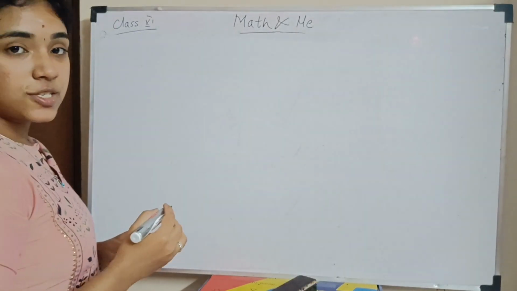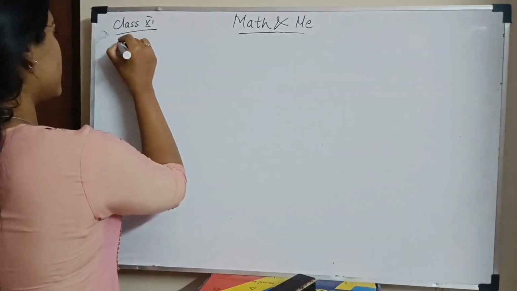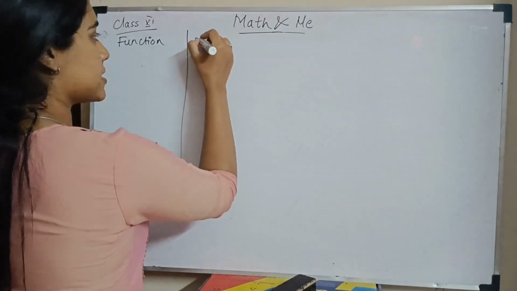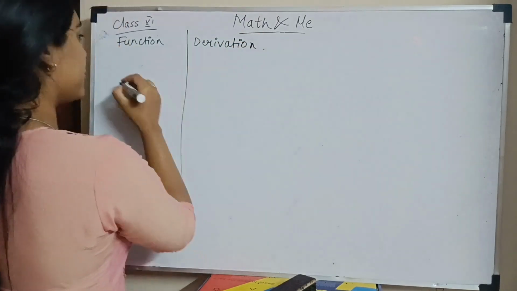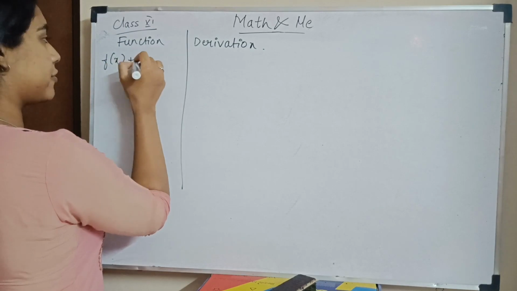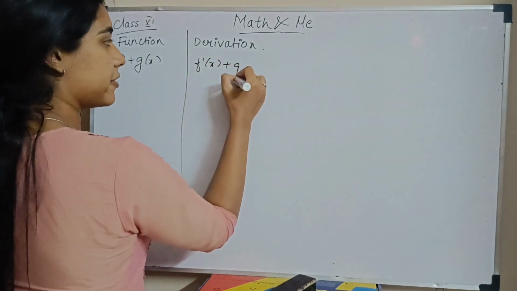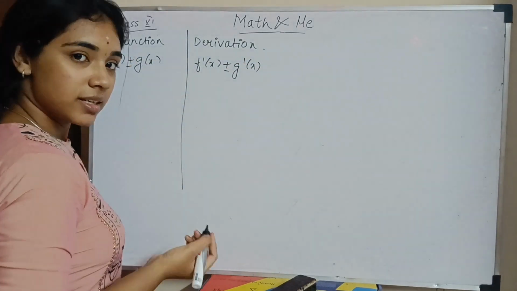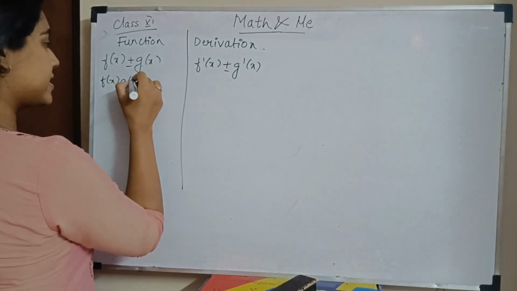So I'll give you a list of all the functions and their respective derivatives. Do note this down, it will be very, very helpful. So this is the function, this is the derivative. When you have f of x plus g of x, it just becomes the sum, f dash of x plus g dash of x. Same applies for subtraction. So what will happen when it's multiplication? f of x times g of x.